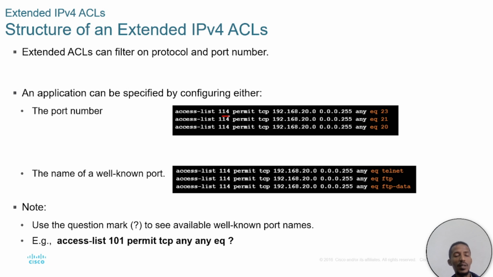We said that it's greater than 100, and it is permitting a TCP protocol, permitting who? Permitting 192.168.20.0, with the wildcard mask, so all IPs starting from 192.168.20 will be permitted.